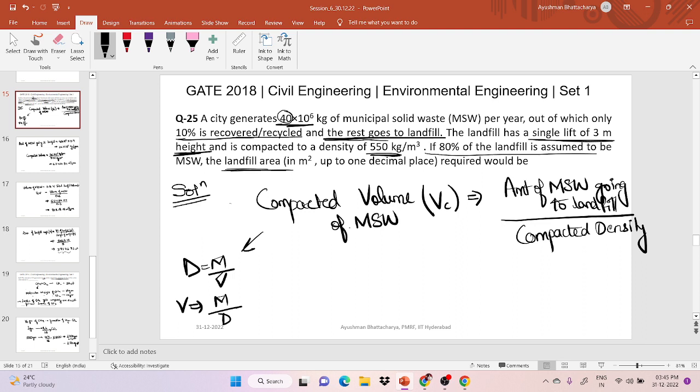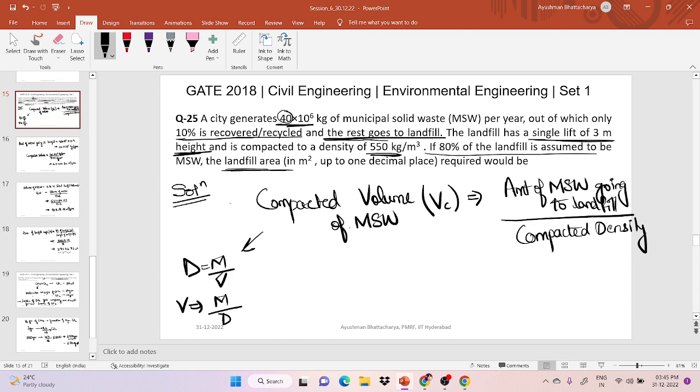So what we did first, we calculated the compacted volume of municipal solid waste, which equals the amount of municipal solid waste going to landfill divided by the compacted density. To calculate the amount of municipal solid waste going to landfill, in the question itself they have written that this is the total amount of waste generated, and from this total amount 10% is recovered and recycled and the rest goes to landfill.